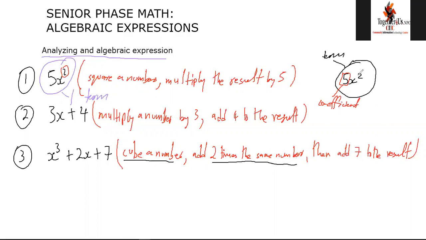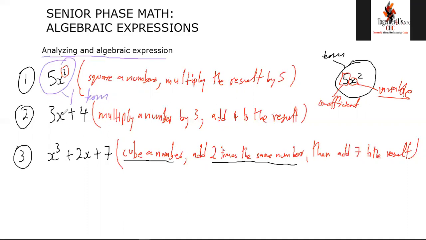This is the coefficient of x squared, and x we call the variable. Remember I told you why we call it a variable, because it can be any number, it changes. x here is a number, guys. That is very important for you to understand. So a term will consist of a coefficient and a variable.